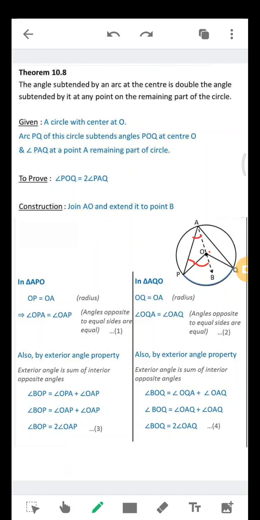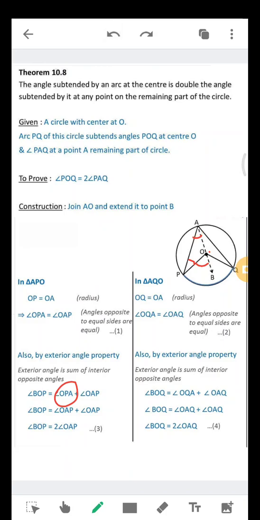But you can see that I need to prove this angle, POQ, and this part I need. So to get this part, I'll keep angle PAO, or you can say AOP, safe with me.